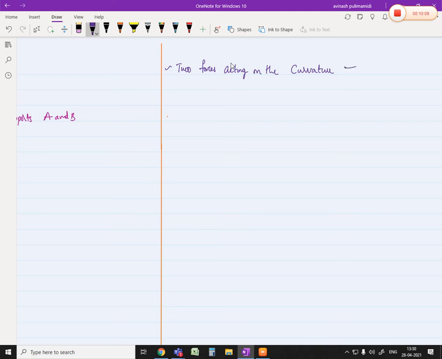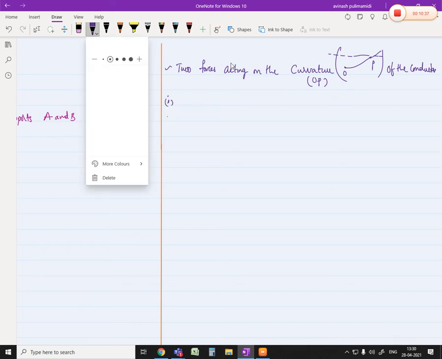Starting from the point O to P. This was the conductor. This is the curvature OP of the conductor.